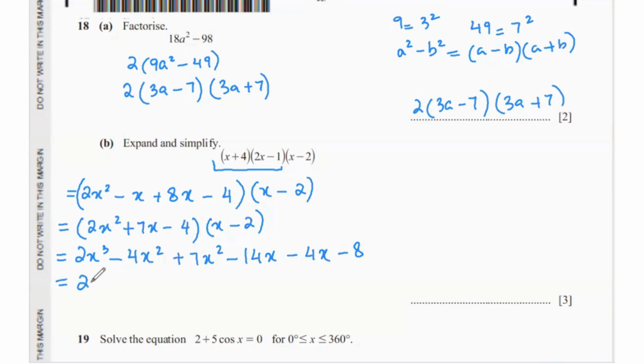Collect the like terms. 2x cubed plus 3x squared minus 18x minus 8. This is your fully expanded and simplified answer for this triple bracket expansion.